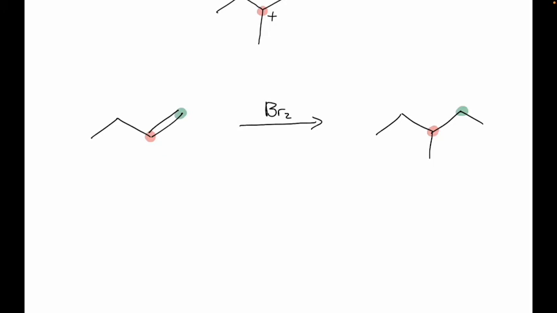And now what I'm going to be adding to either side of those double bonds is just a bromine. Br2. I got two of them in there, right? So one's going to go on one side, one's going to go on the other side. They're the same thing, so good news, we don't have to worry about any Markovnikov business.